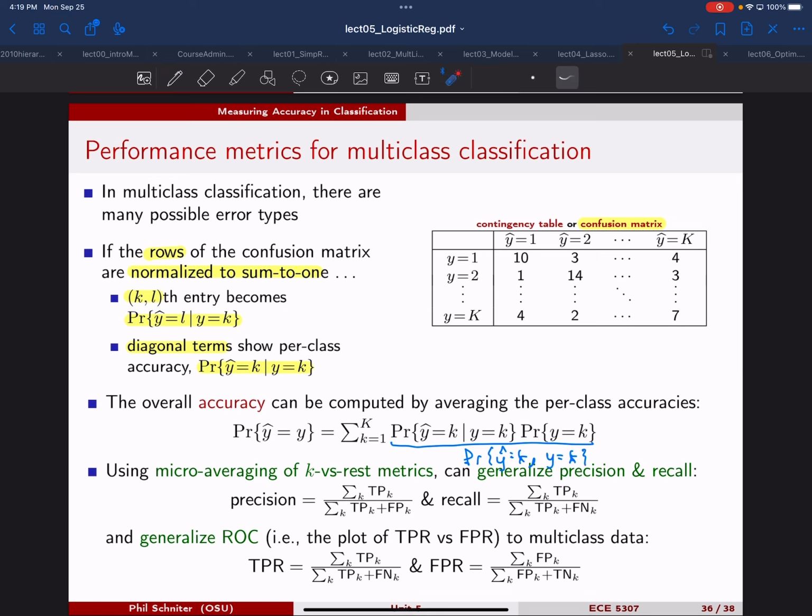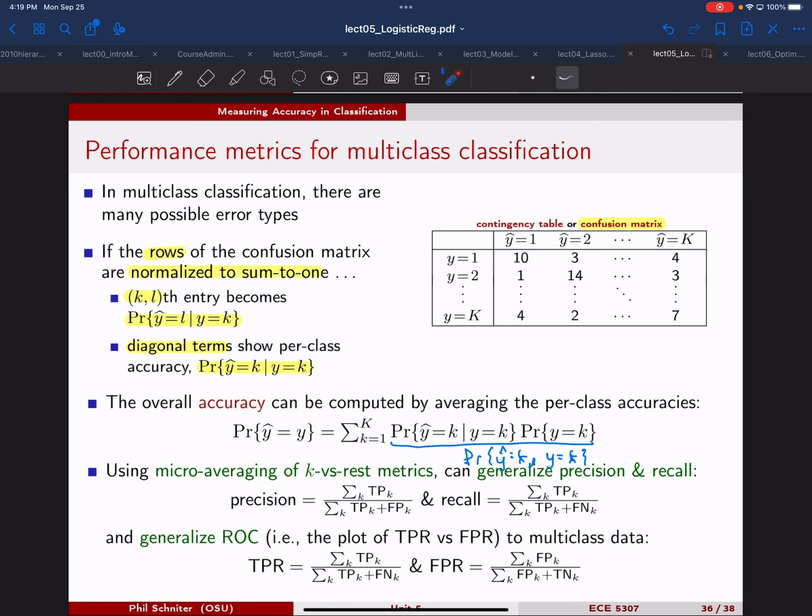And then the second step is if you take this joint probability and sum over one of them, then by the law of total probability, that removes that dependence. So essentially it's going to average over all those different cases.